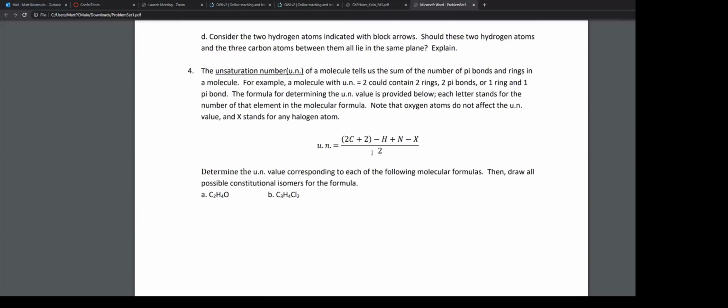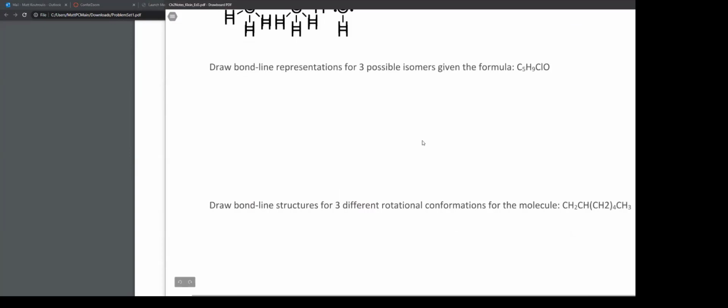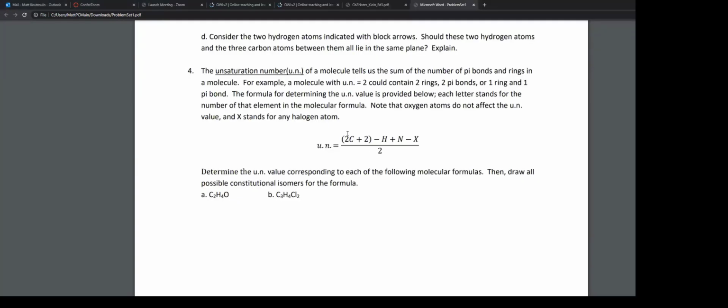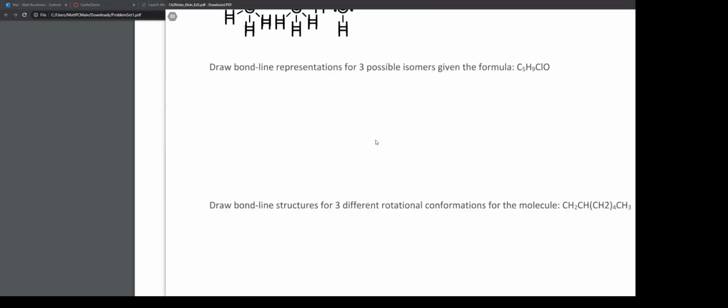How many carbons were there in that formula? 5, right? So I'll just show you. So number of carbons is 5. So 2 times 5 plus 2 is 12. How many hydrogens? 9, right?